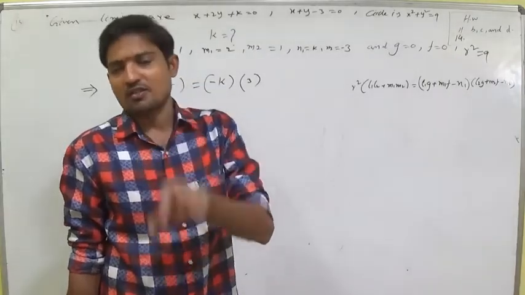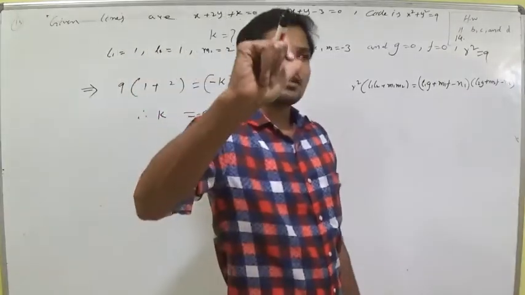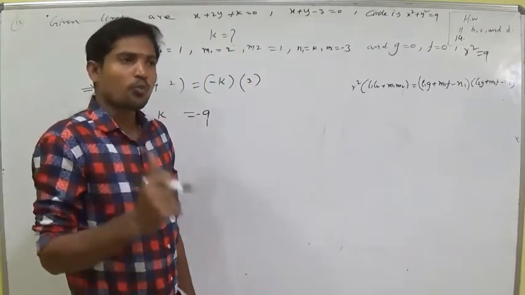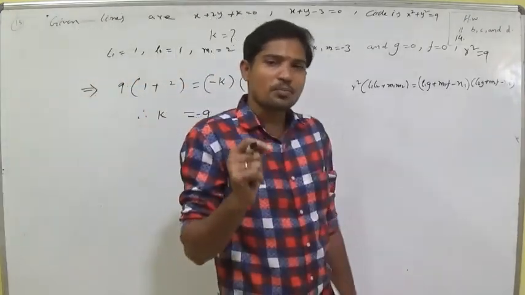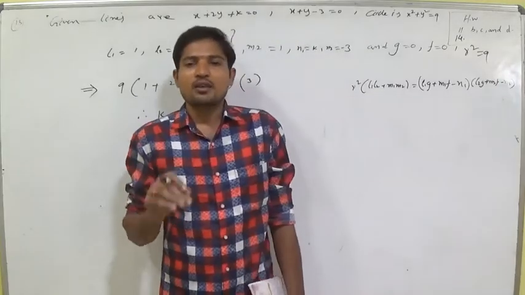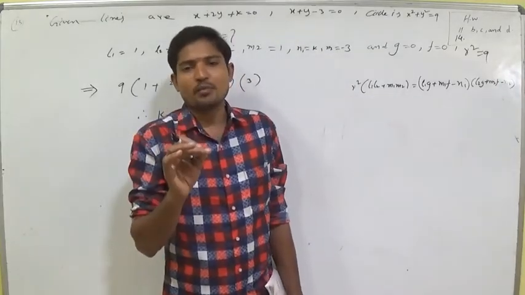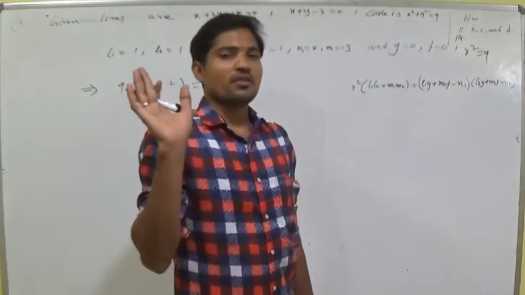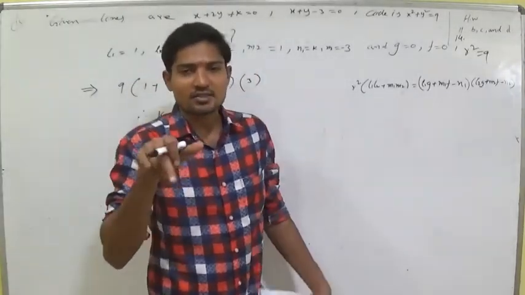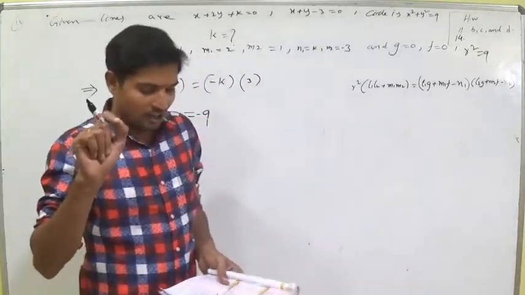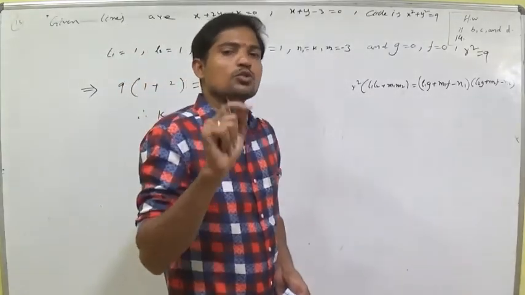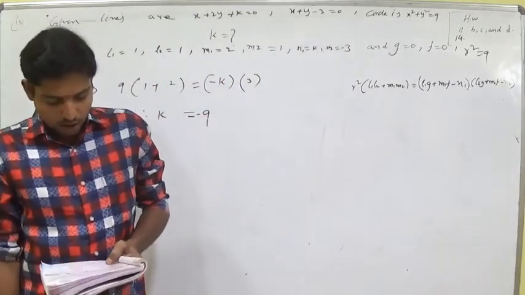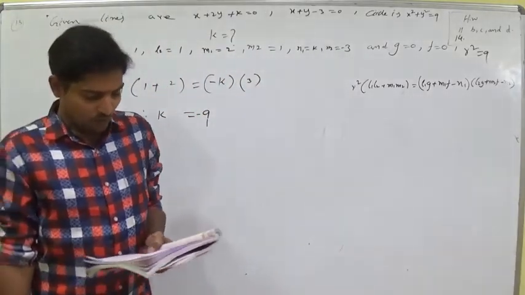Now the circle equation is x² + y² + 2gx + 2fy + c = 0, and the pole equals (−g + lr²/(lg + mf − n), −f + mr²/(lg + mf − n)). So don't get confused between these two formulae, right?